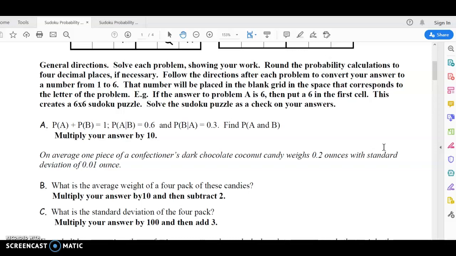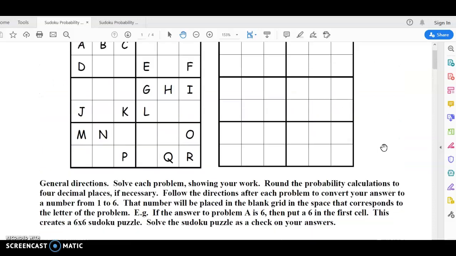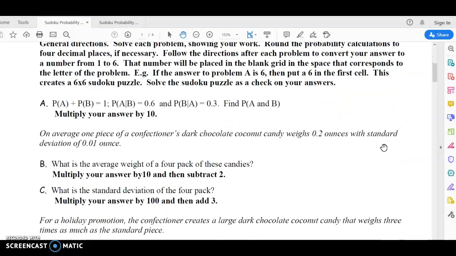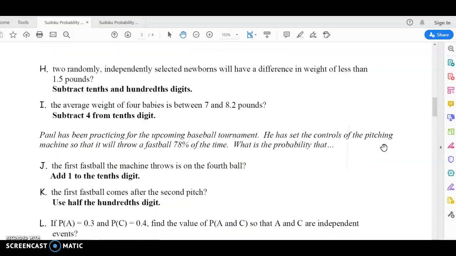This is like beginner Sudoku, only using 1 through 6. And then the answers A through R fall into that cell. So what's in italics there is what you need for however many problems follow.